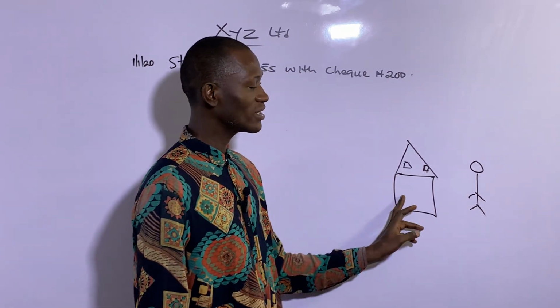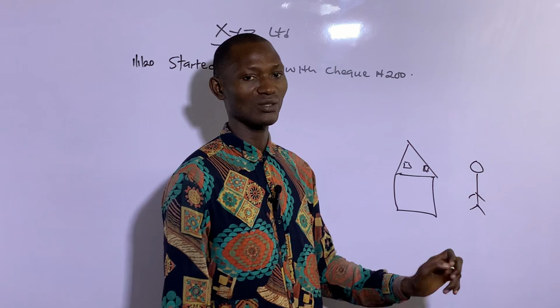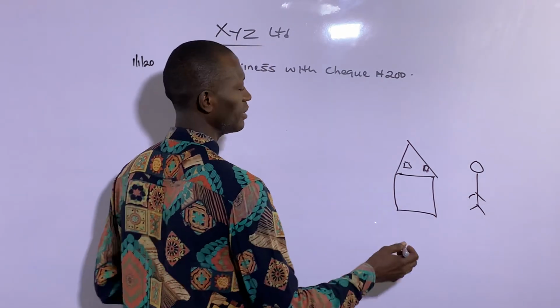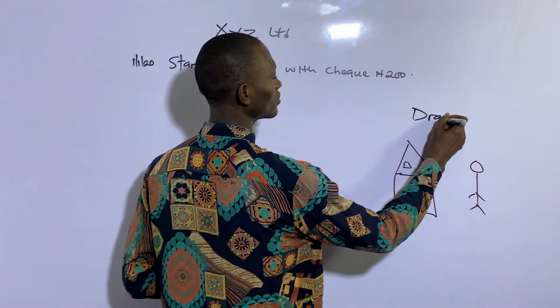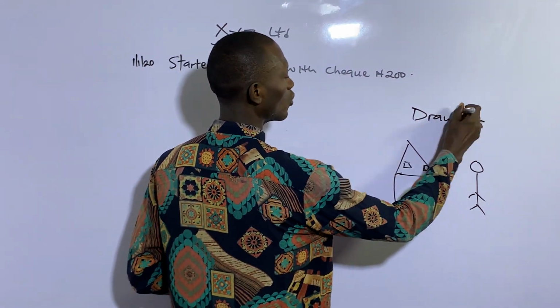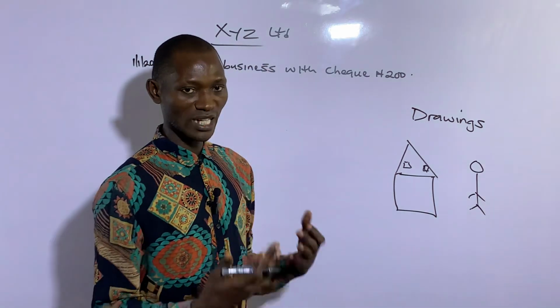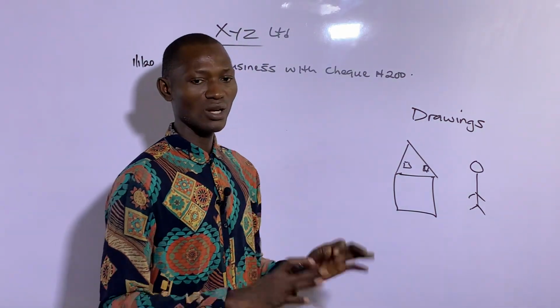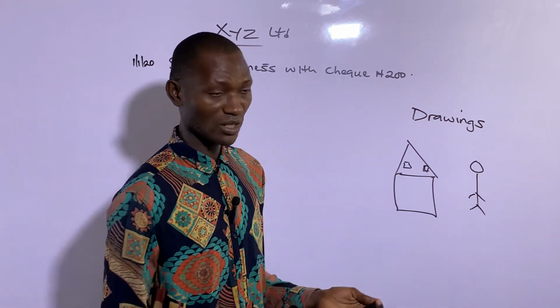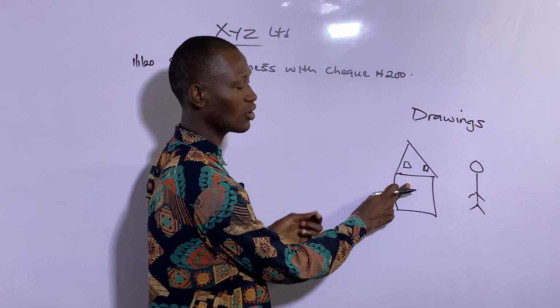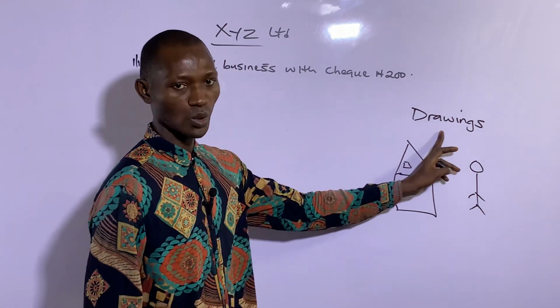Drawings is whatever the business gives to the owner for personal use, personal consumption or private use. Anything the owner takes out of the business for personal use is called drawings.